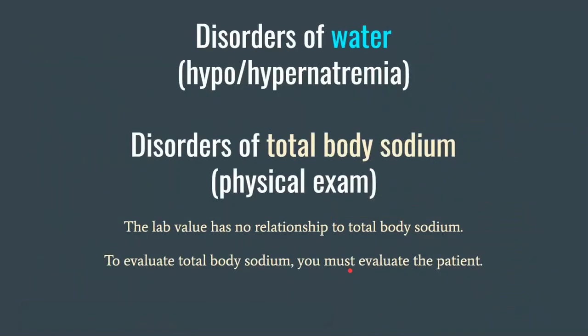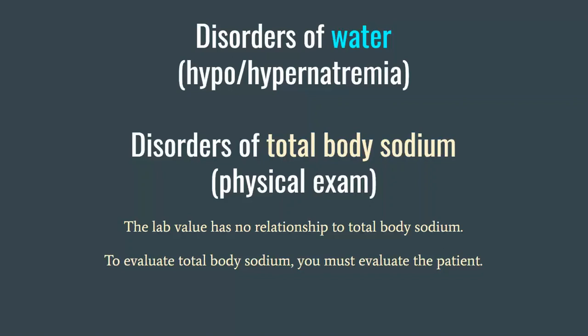So, to review, disorders of water are best assessed by either hyponatremia or hypernatremia. Hypo and hypernatremia don't tell us a thing about total body sodium. We assess total body sodium best by physical exam. And again, the lab value has no relationship to total body sodium.